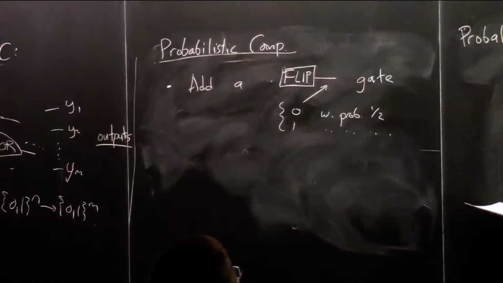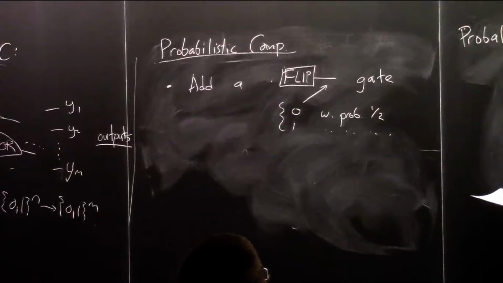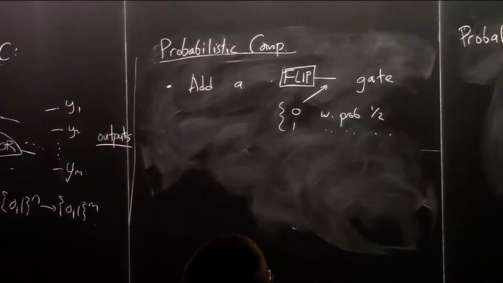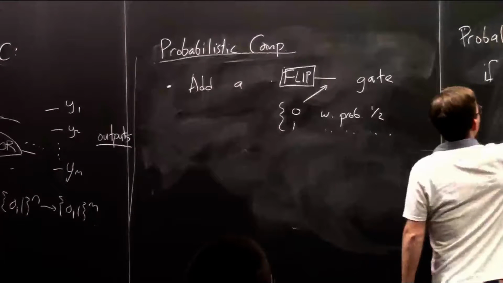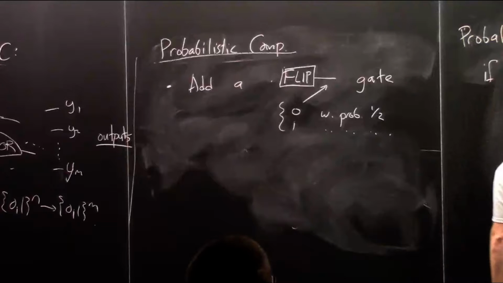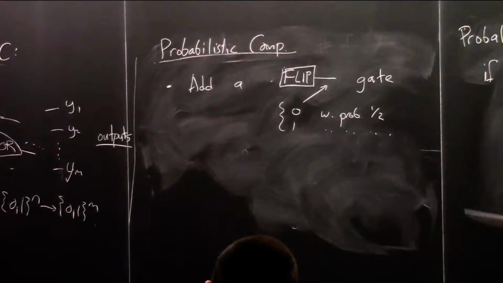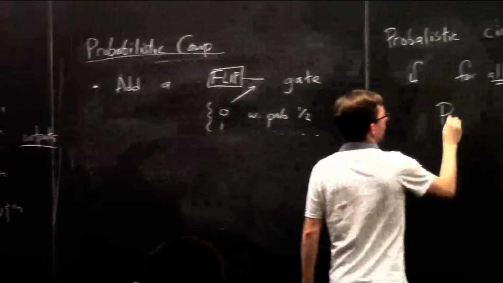Let's say a probabilistic circuit successfully computes a Boolean function f if, for all inputs, there's no randomization in the input, it outputs the right answer with high probability.